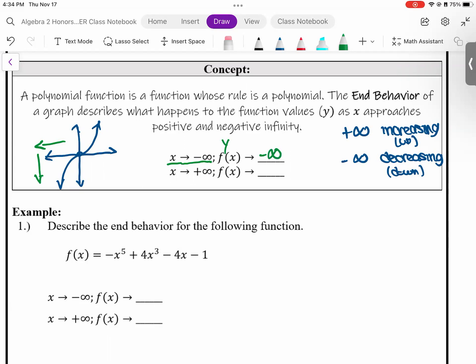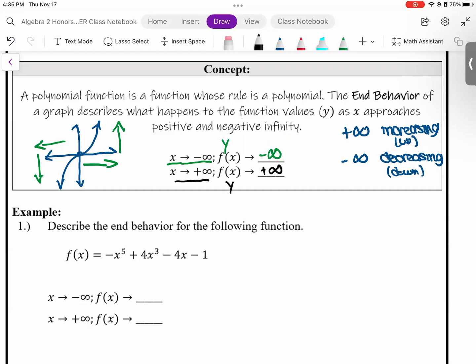From the other side, as x approaches the positive side, your function goes up, so it's increasing. So in other words, the end behavior as x approaches positive infinity, f of x, again, that's just y, is going to approach positive infinity.